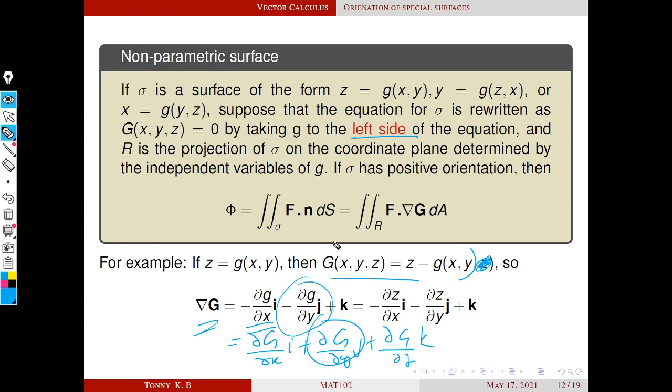And the derivative of capital G with respect to z is 1. That's why this term becomes 1k. We can replace g by z, so the final representation is minus dou z by dou x i minus dou z by dou y j plus k. This is the gradient for z equal to g(x,y).